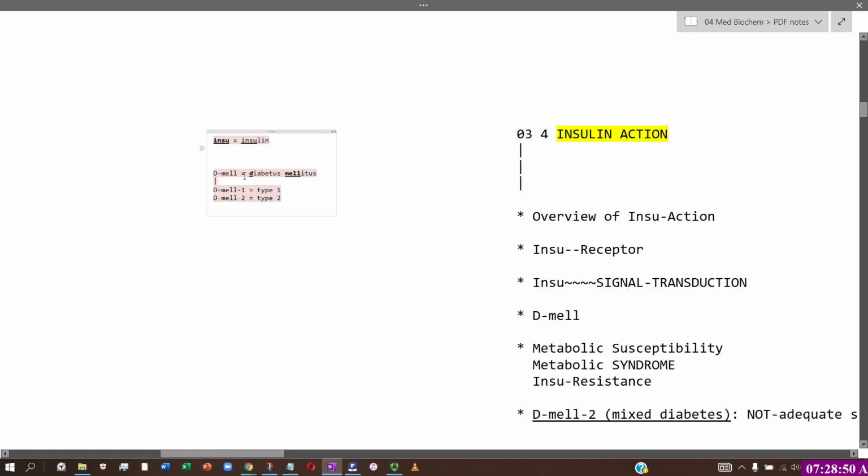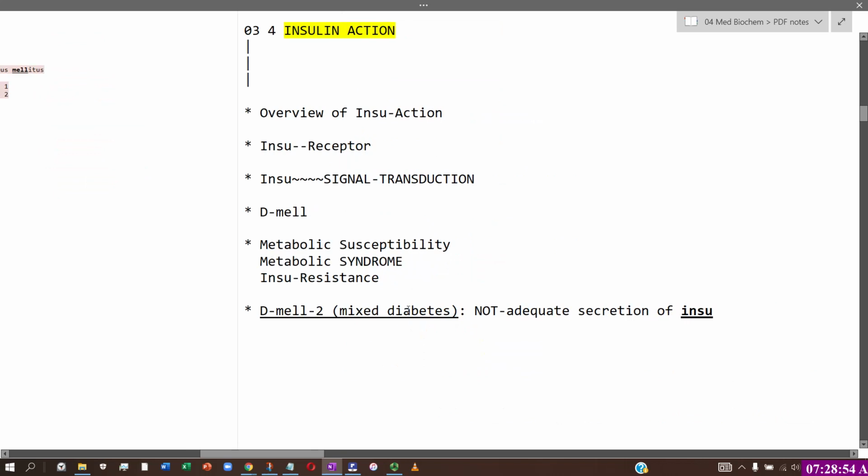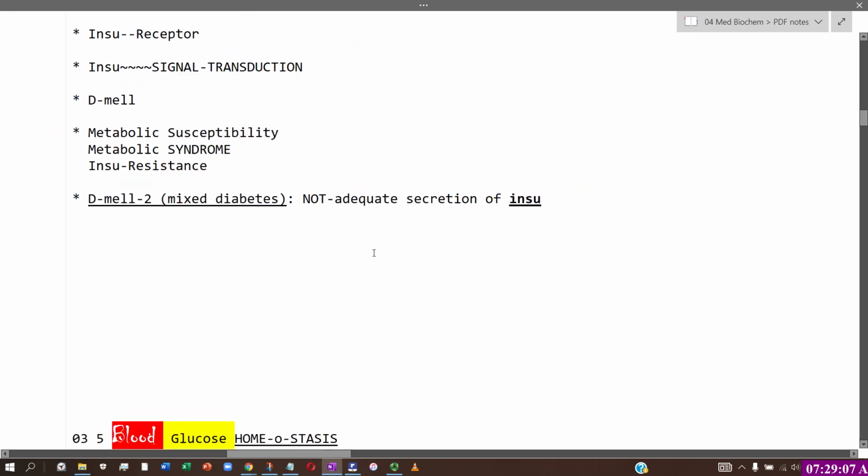DMEL stands for diabetes mellitus. So next is metabolic susceptibility, metabolic syndrome, and insulin resistance. That will probably be a very major topic.